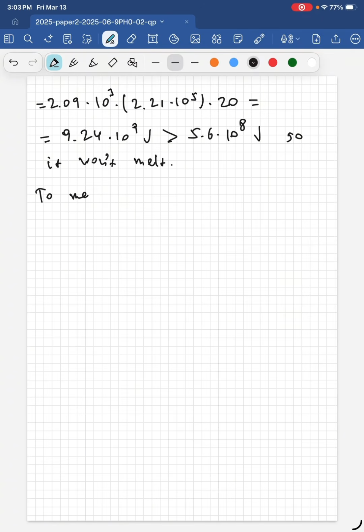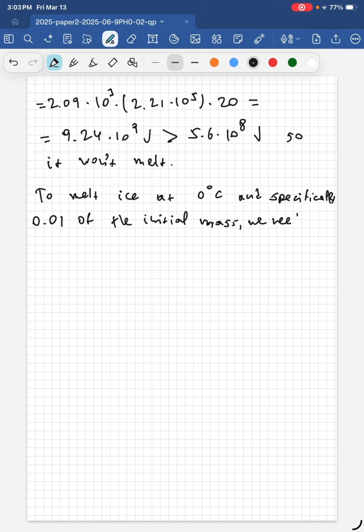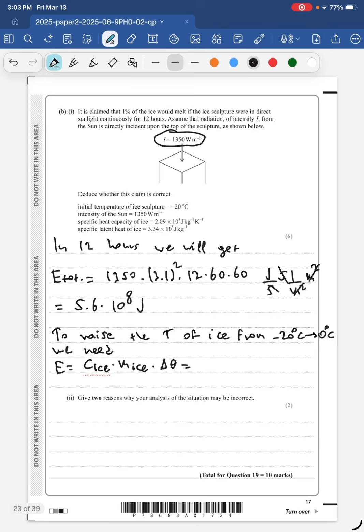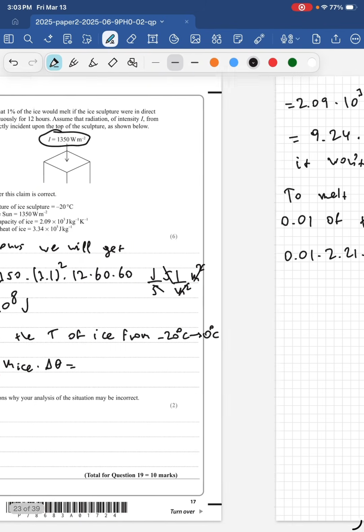So to melt ice at 0 degrees Celsius, and specifically 0.01, which is 1% of the initial mass, we need 0.01 times 2.21 times 10 to the 5, which is, by the way, the mass of the ice, right?